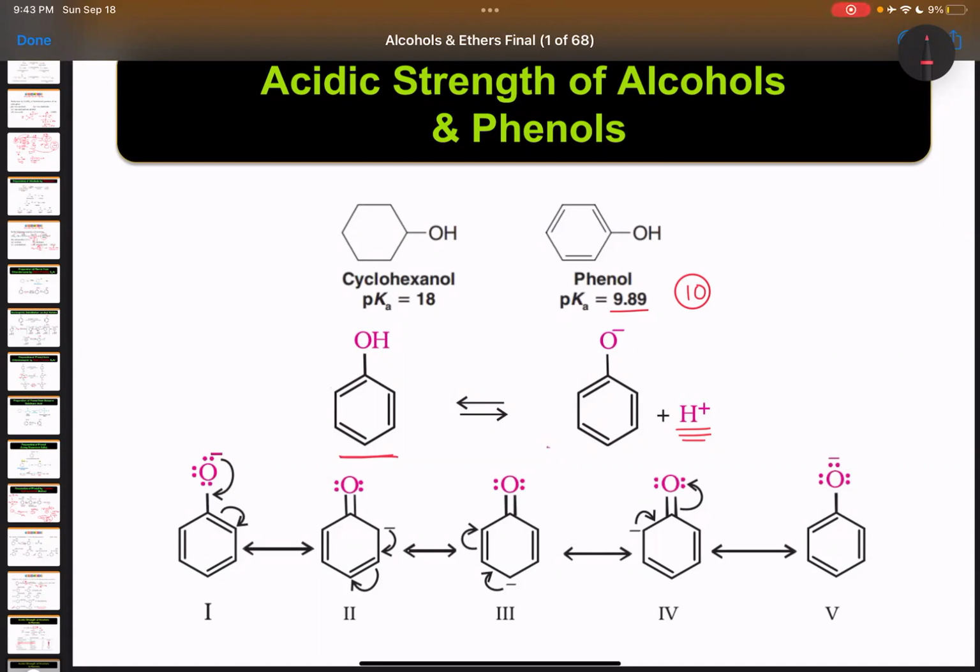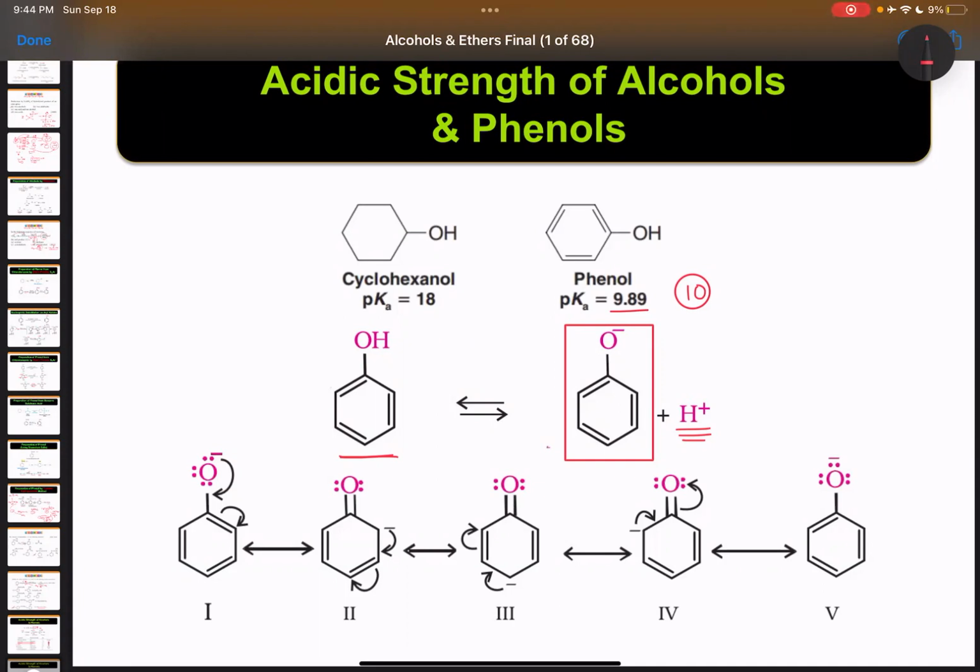First, remove the H plus. After the removal of H plus, think whether the conjugate base which you get has stabilized itself. If it has stabilized itself, it will not bring back the H plus. And if it has not stabilized itself, then it will go and join again with the H plus.